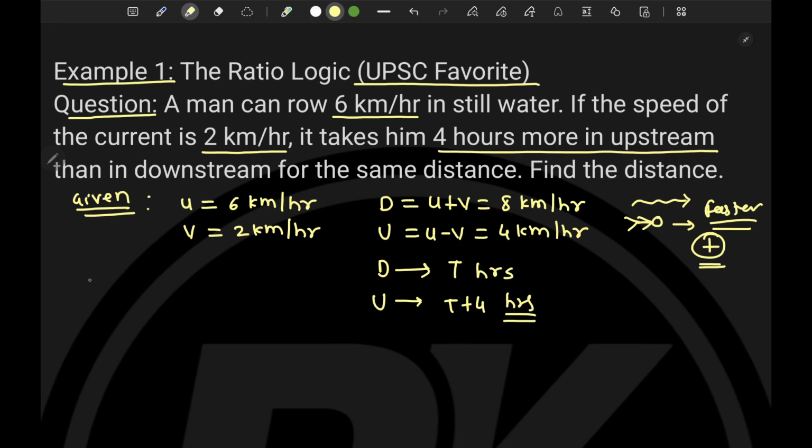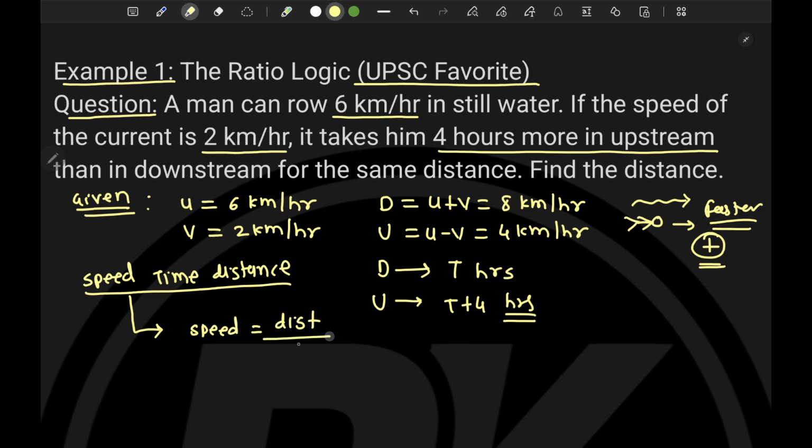And in train problems we have seen for speed, time, distance problems, we have only one formula. And what is that formula? Speed is equal to distance divided by time.